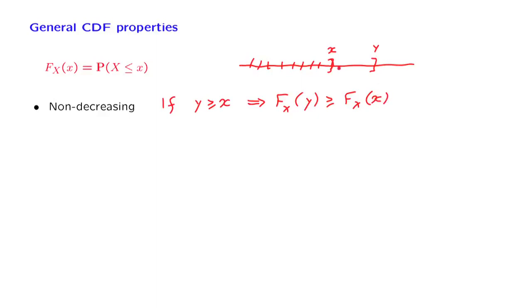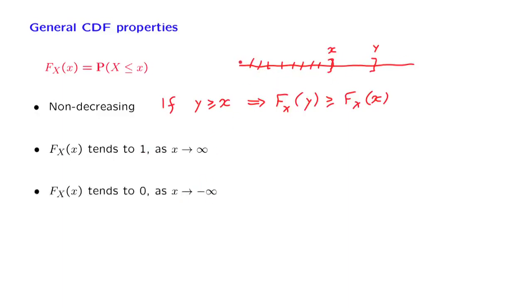Another property is that as x goes to infinity, we're talking about the probability essentially of the entire real line, and so the CDF will converge to 1. On the other hand, if x tends to minus infinity, we're talking about the probability of an interval to the left of a point that's all the way out, further and further out.